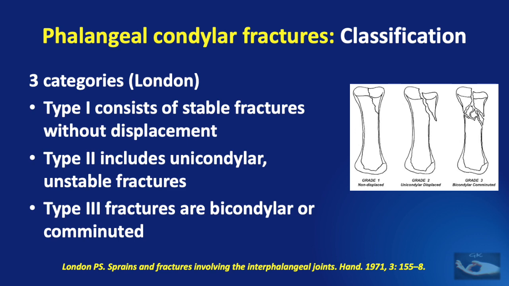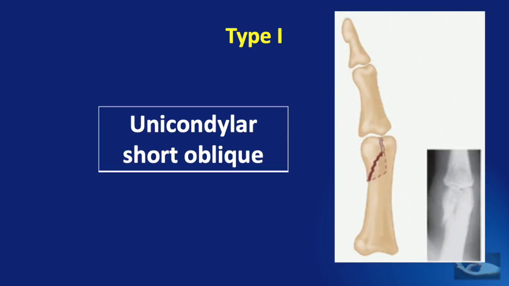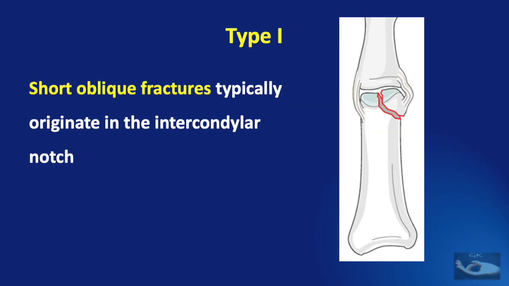Hence, unicondylar fractures alone have been classified by Weiss and Hastings into four categories. Type 1 unicondylar fracture refers to the short oblique type, which is unstable. These fractures typically originate in the intercondylar groove or notch.